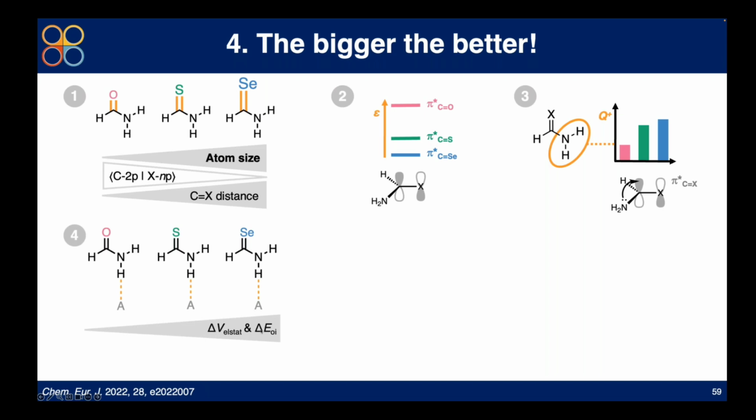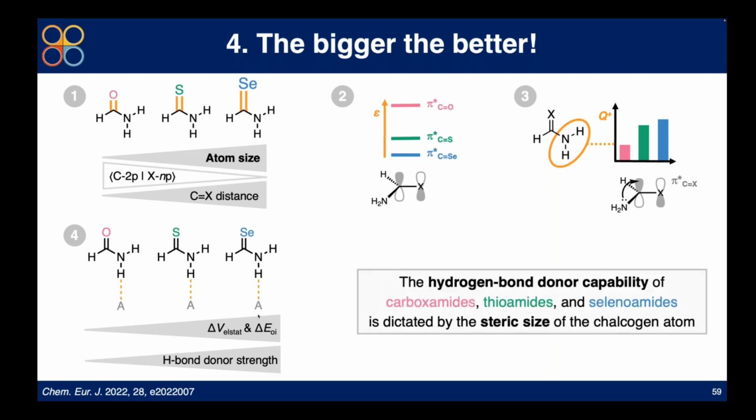So now what we see here, due to the larger positive charge, you have a stronger hydrogen bond because of orbital interaction and electrostatic interaction. And what we can then conclude is that the hydrogen bond donor capability of carboxythioamides and selenoamides is dictated by the steric size of the chalcogen atom.